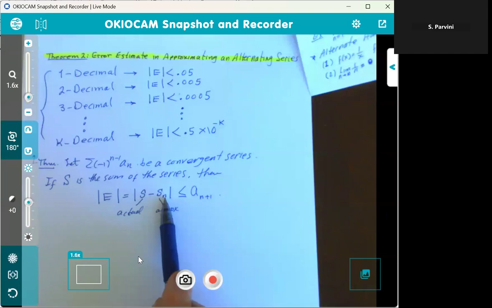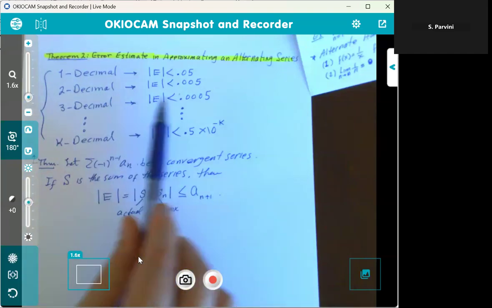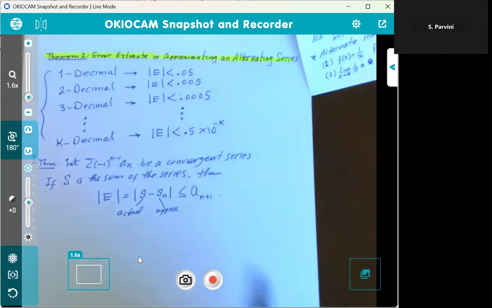If I use 4 terms of a series to approximate the sum, and the series is an alternating series, then the error, the difference between the actual sum and the sum based on 4 terms, is going to be less than or equal to the value of the 5th term. And there you have that one.